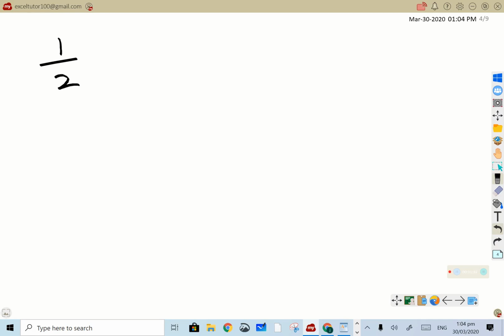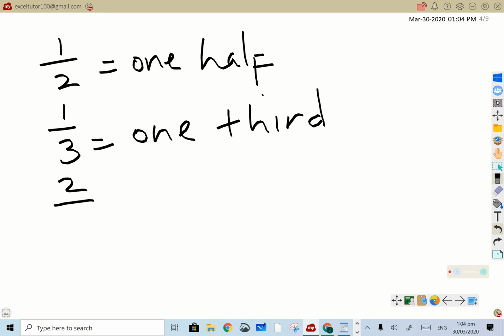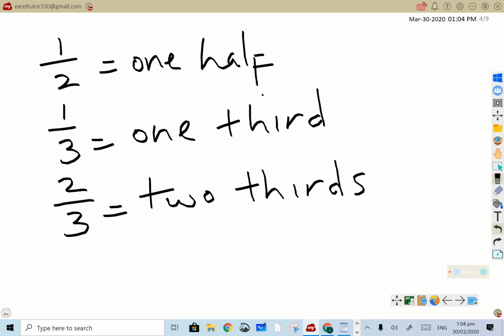So we have a half, we have 1/3. So we're going over the word name for some of the fractions. Now if we have 2/3, if we have 2 as the numerator, we just write 2/3 and so on.